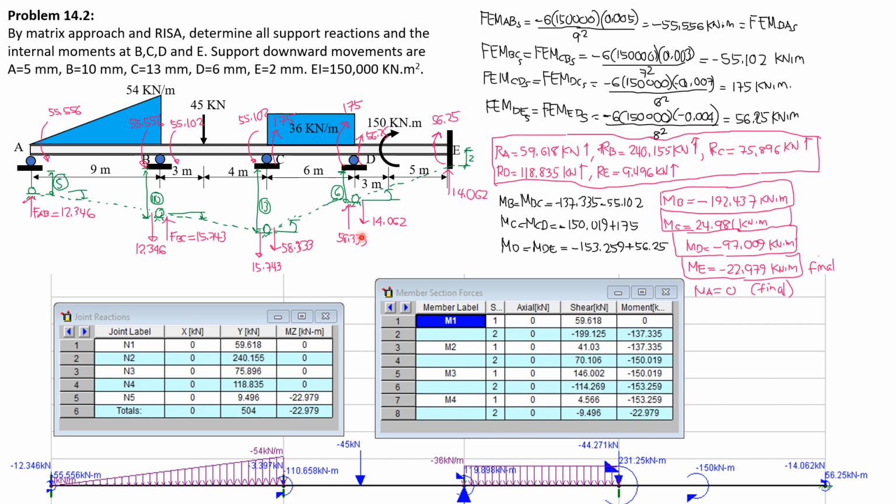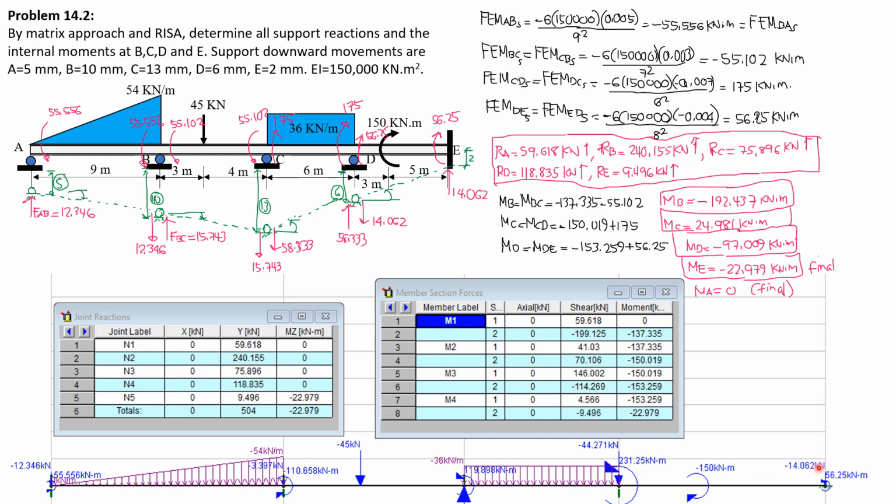14.062 minus 58.33. So we have negative 44.271 vertical load at D. Then the couple, 175 clockwise plus 56.25 clockwise. So the load should be counterclockwise. The combined value is positive 231.25 kilonewton meter.